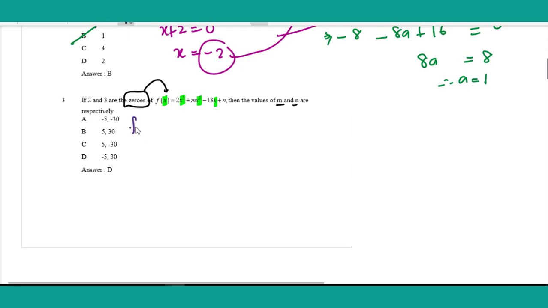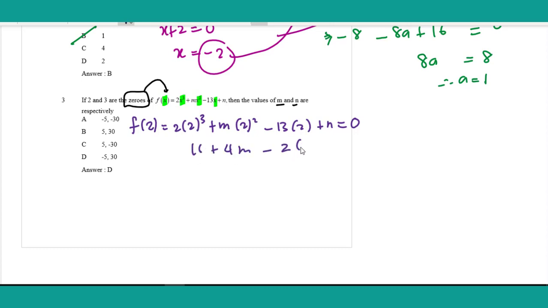So substitute f of 2 here: 2 cubed plus m times 2 squared minus 13 times 2 plus n is equal to 0. That is one equation. Simplify: 8 plus 4m minus 26 plus n is equal to 0. Then we get 4m plus n equals negative 10 on the right-hand side after simplifying.